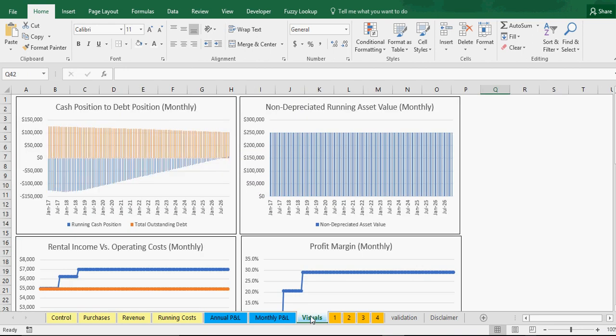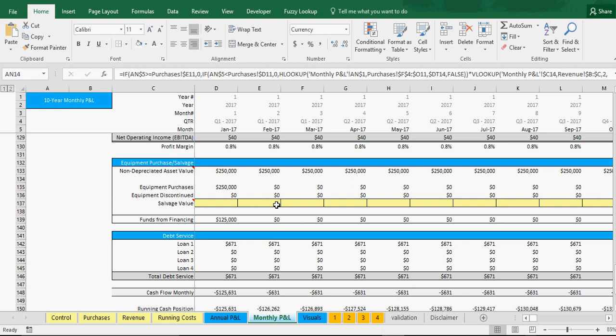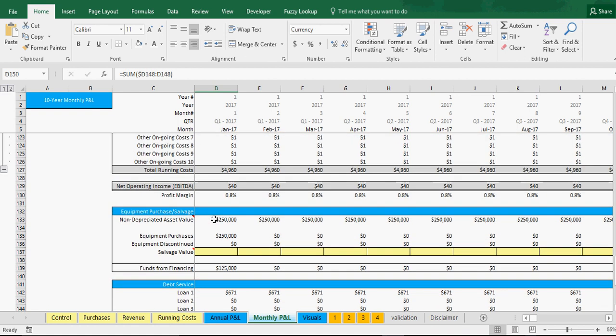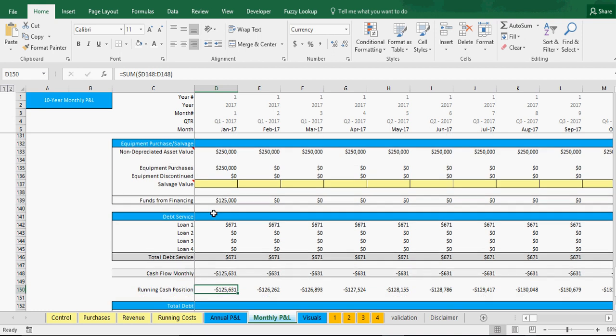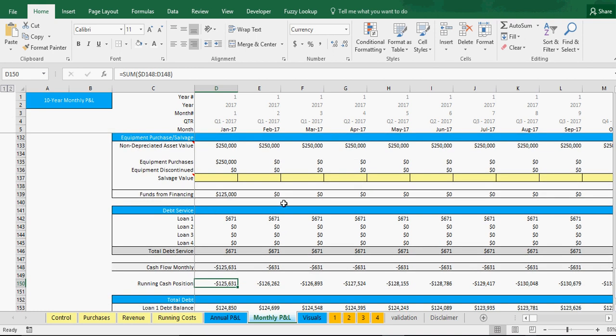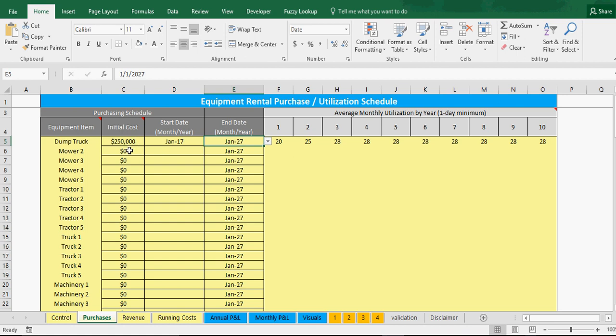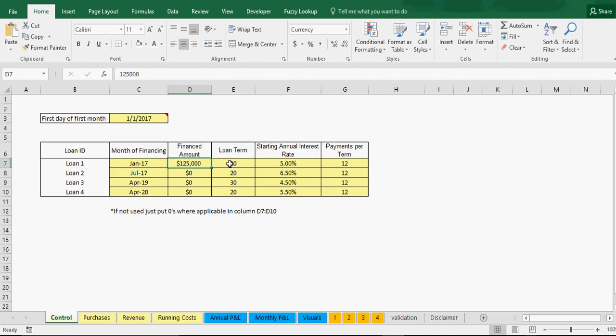Well, you're starting more negative because you actually don't have the cash to cover the cost of this asset, and that's where this negative 125 is telling you that the loan is not covering all the money. If you have zero in the loan, you can see this would just go to 250 if we make the loan zero.